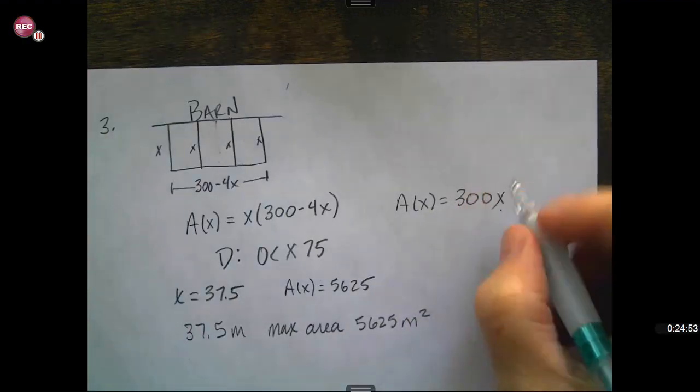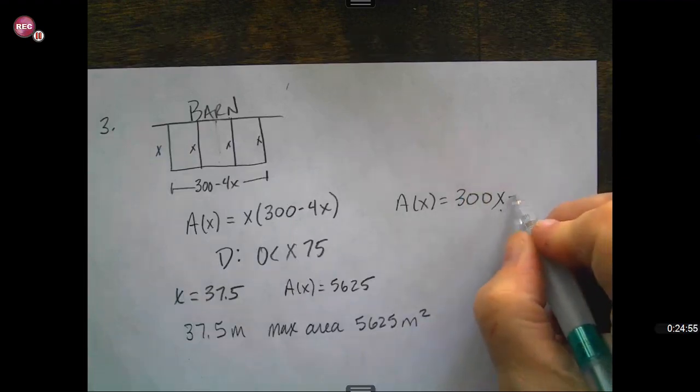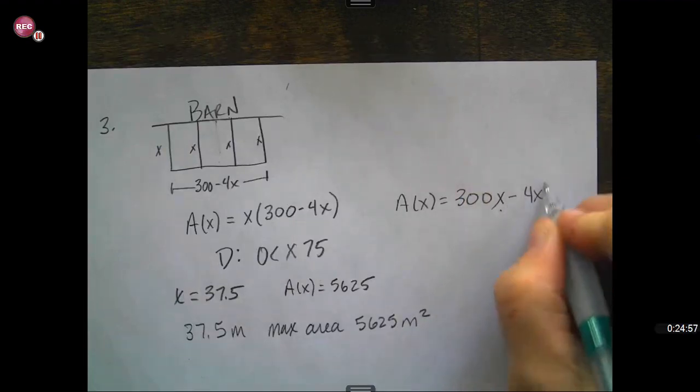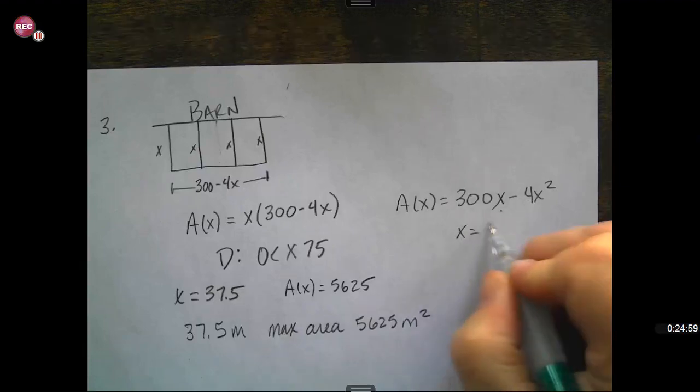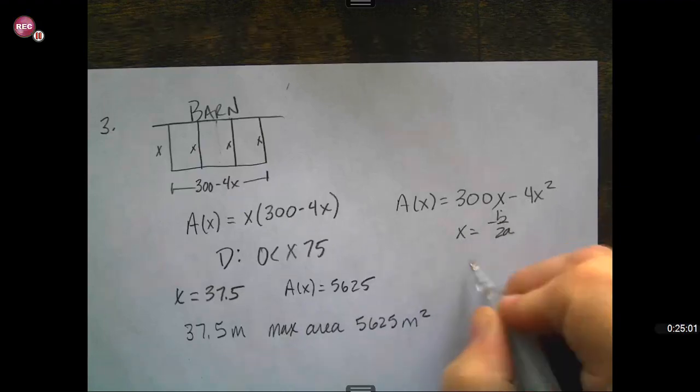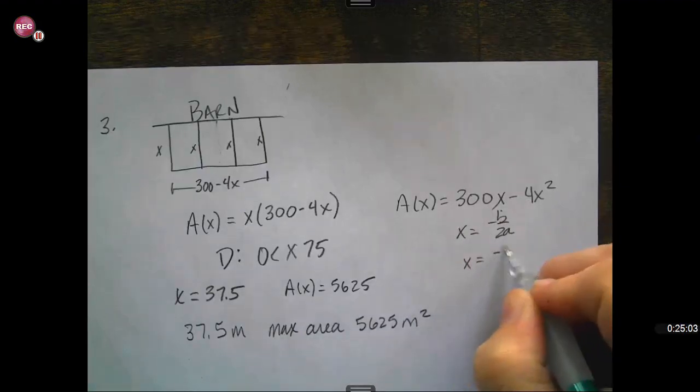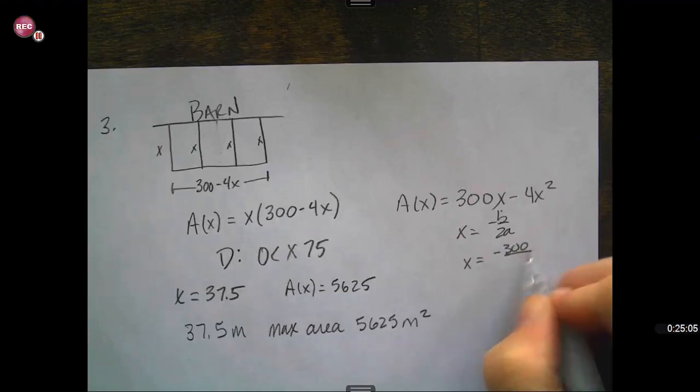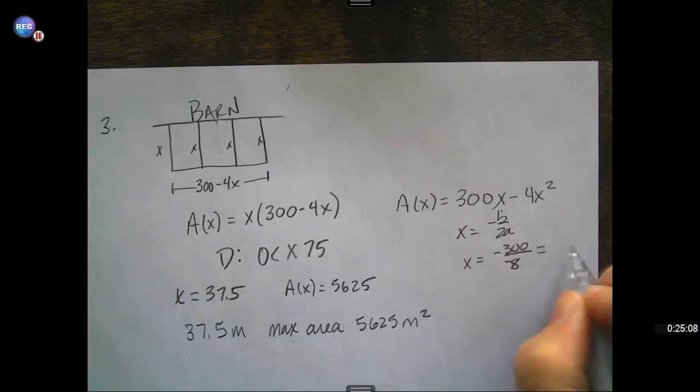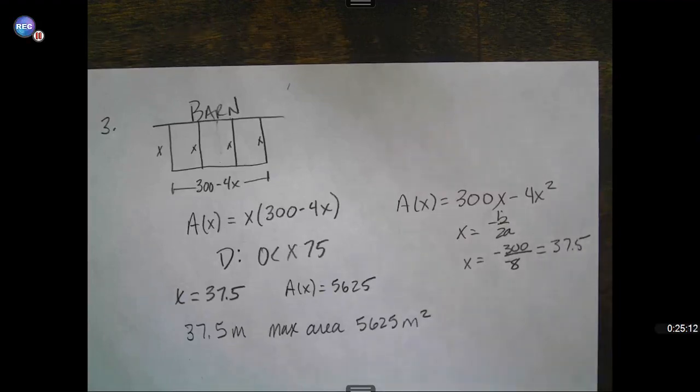That's going to be minus 4x squared. We could have used the opposite of b over 2a, or negative 300 over negative 8, and that would have given us the 37.5 also. And then just plug that in to find what the maximum area is. Since it is a calculator problem, use my calculator.